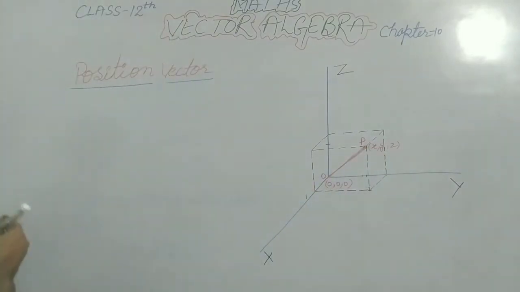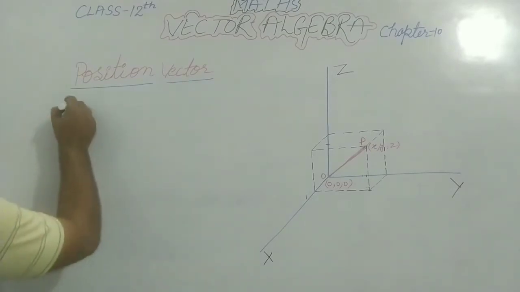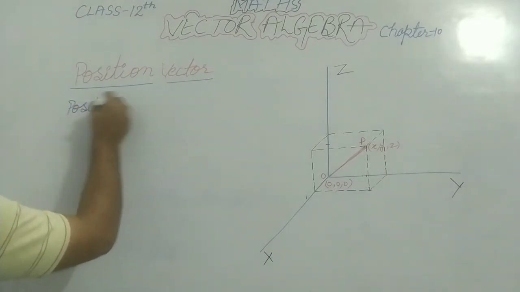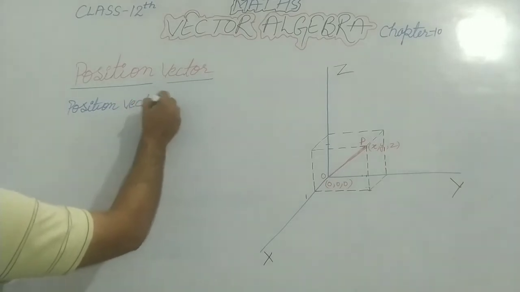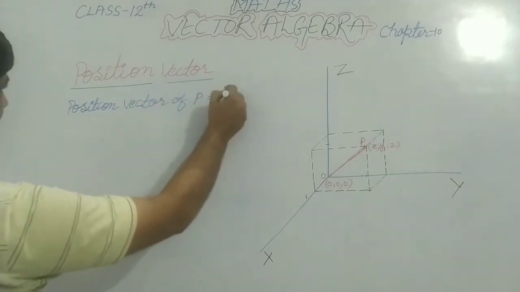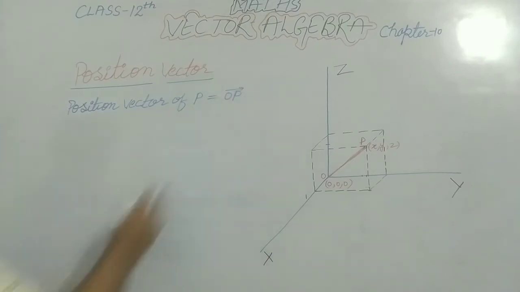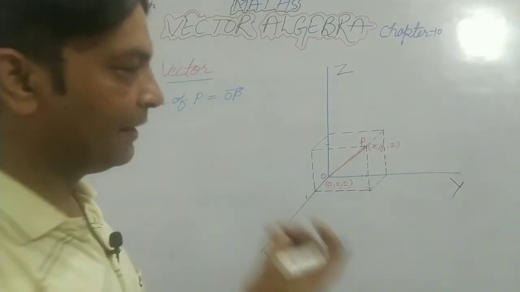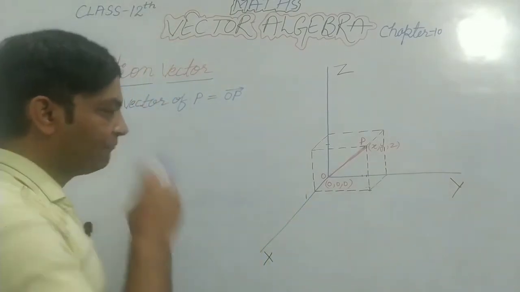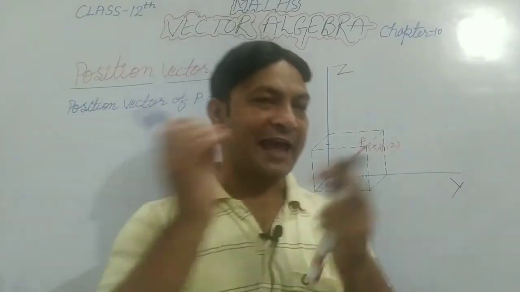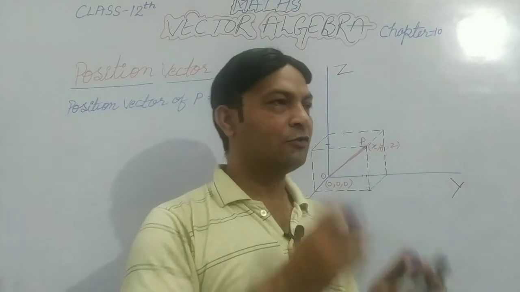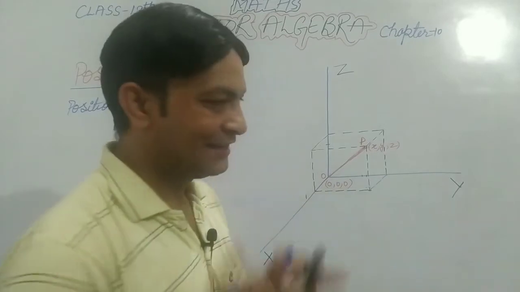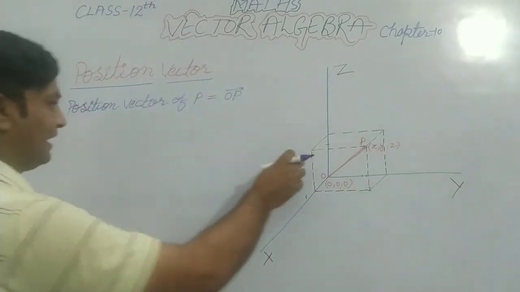So we can write here the position vector of P equals the OP vector. The initial point is the origin, and the terminal point we take is point P here. So to find the position vector of any point, we have to take the initial point as the origin.